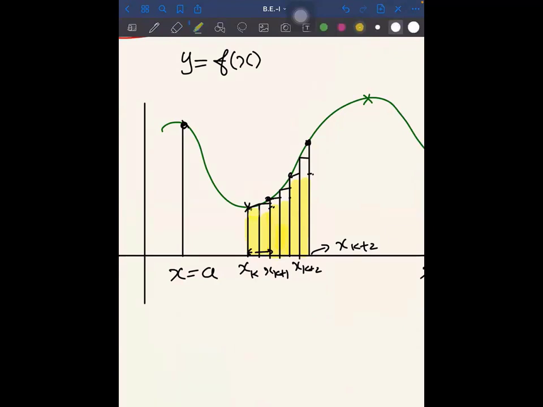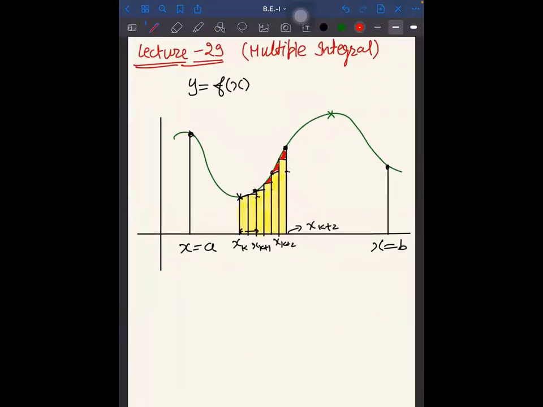Now you're getting this much of area, and the area which you are sacrificing is the area somewhere here. Are you with me on this? As you increase the number of rectangles, you will get more area and come close to the area under the given curve, right?